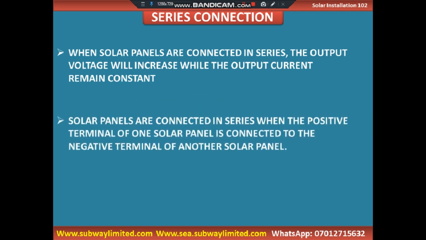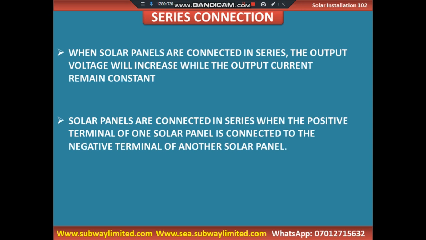Solar panels are connected in series when the positive terminal of one solar panel is connected to the negative terminal of another solar panel. When you link the positive probe to the negative probe of another solar panel, that is series connection. Simply link the positive probe of one solar panel terminal to the negative probe of another solar panel terminal.